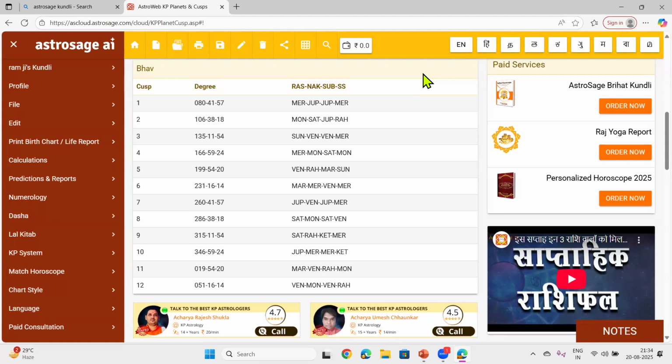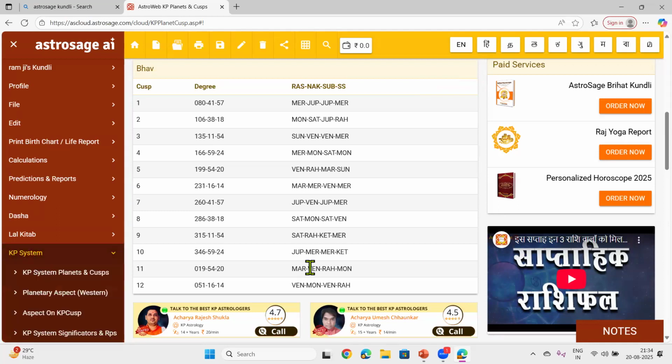But now the second stage: connection of Mars with which houses? 11th and 2nd. 11th and 2nd houses. So now we'll go to that and also find out how they are connected. Which chart do I have to see for that?